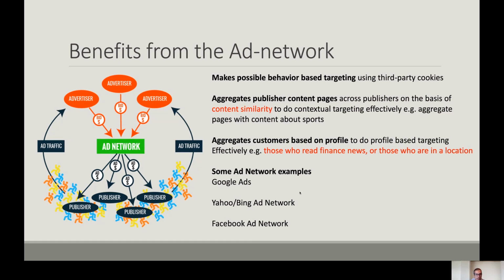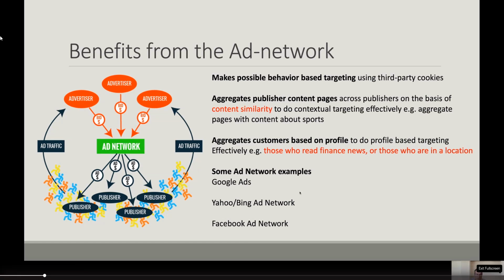Let us say that there is Dick's Sporting Goods and they want to show their ads only on those content pages which are about sports, right? And so what an ad network can do is take content related to sports from across different publishers and tell Dick's Sporting Goods that you don't really need to worry about having a one-to-one tie-up with each of those publishers to be able to show your ads across all of these publishers.